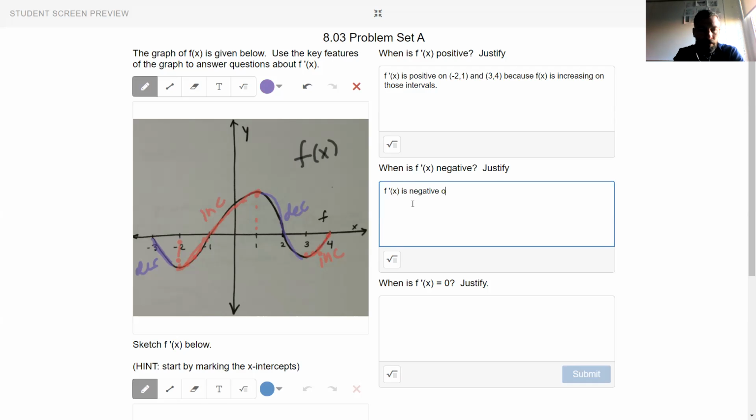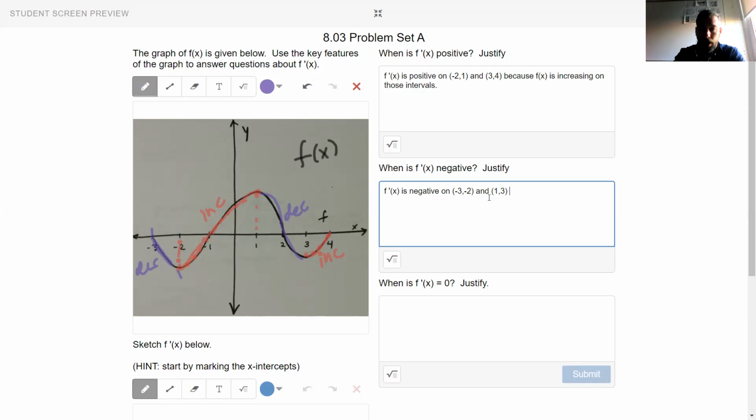Negative. On what intervals? Once again, we're just going to use the x values. So it starts decreasing at -3 to -2. And where else? From, let's see, my purple here is my decreasing from 1 to 3. So I'm just using x values when I talk about interval notations. Those aren't points. That's telling me from x equals -3 to x equals -2, and from x equals 1 to x equals 3. It's negative there.